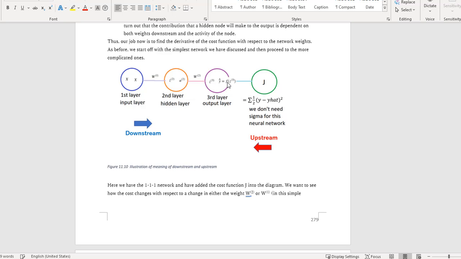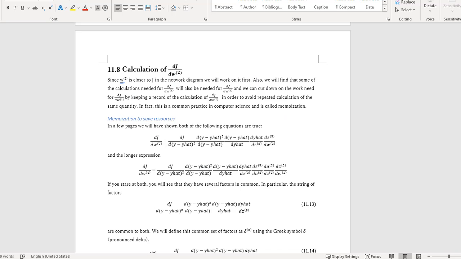We're going to bump into the derivative of f with respect to z3 here. This is where you see it: y hat, which is f of z3. This is the f part here, with respect to z3, and that is asking for the derivative of f with respect to z3.